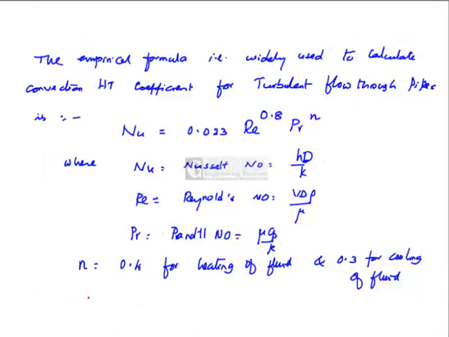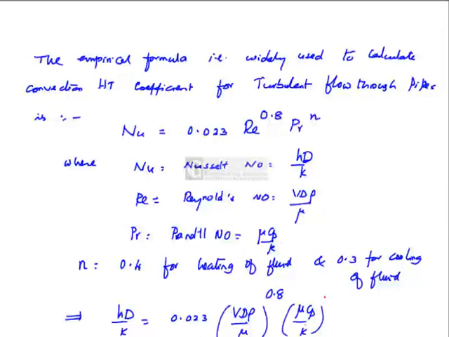So in the elaborative manner we can write that Hd by K is equal to 0.023 into vd rho by mu whole to the power of 0.8 into mu Cp by K whole to the power of n. N may be 0.4 or 0.3 based on whether fluid is getting heated up or getting cooled. This is strictly holding good for turbulent flow through pipes.